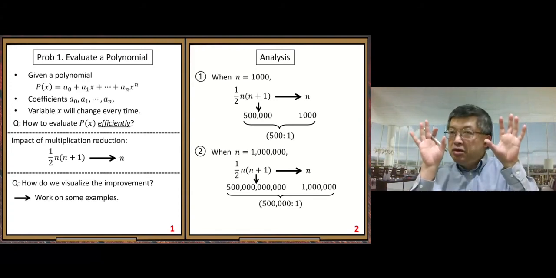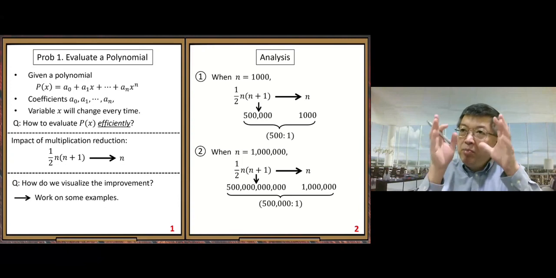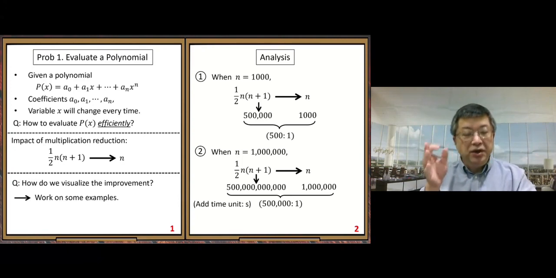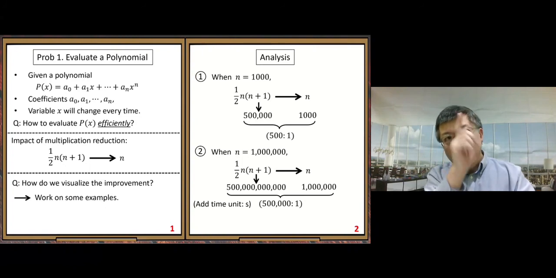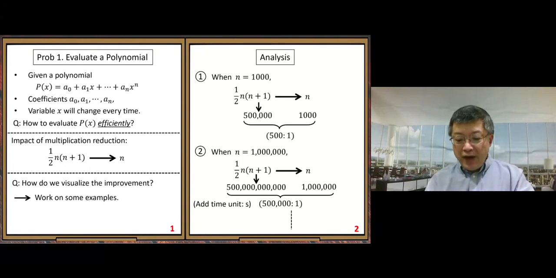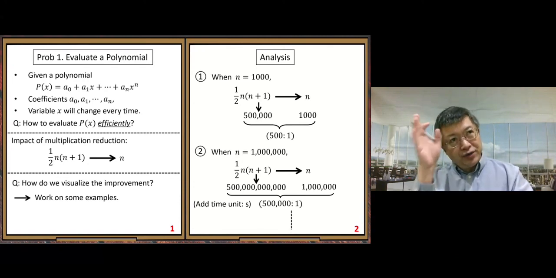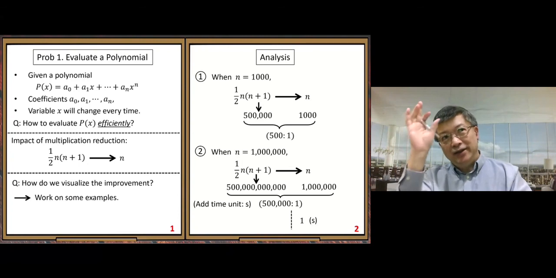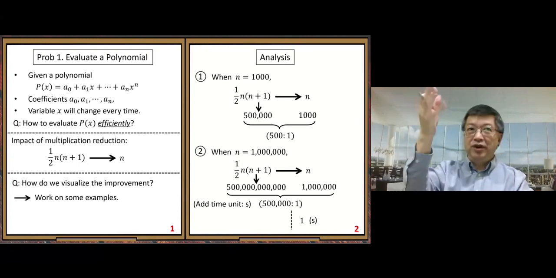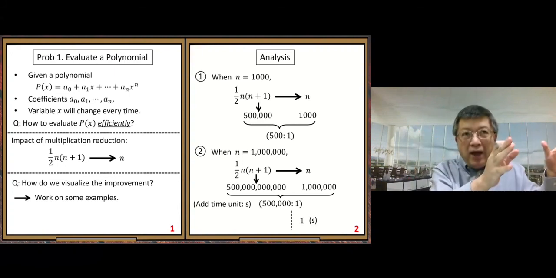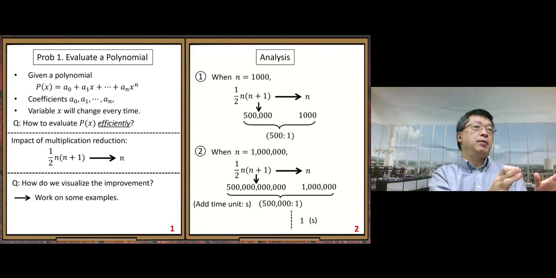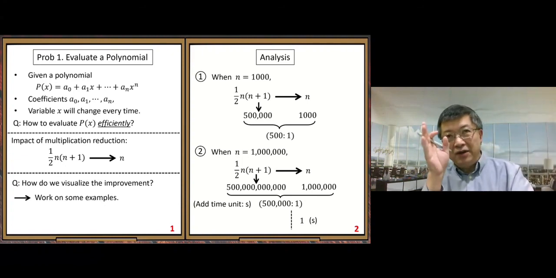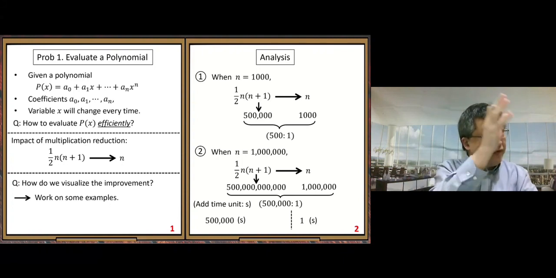Let me do another form change to give you a better visualization of this big difference. For convenience, I select the time unit as 1 second. If we use Horner's rule, we need just 1 second, 1 unit of time. So fast, you get an answer. Now we do the same thing using the brute force method on the same polynomial. Based on our calculation, we need 500,000 seconds.